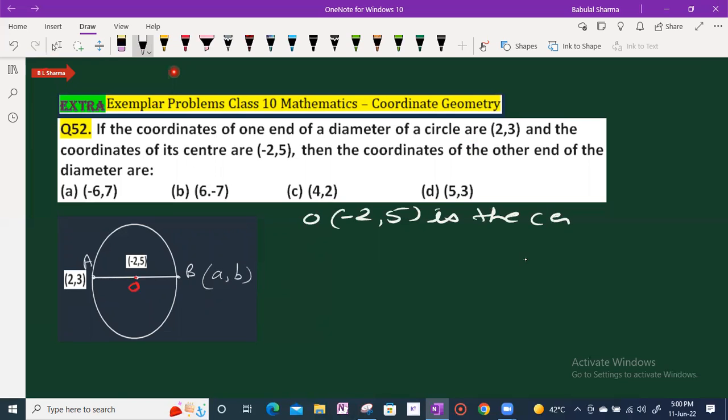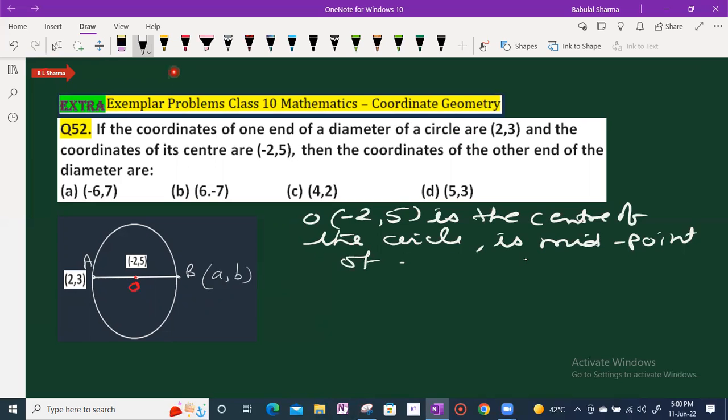is the center of the circle, is the midpoint of diameter AB.